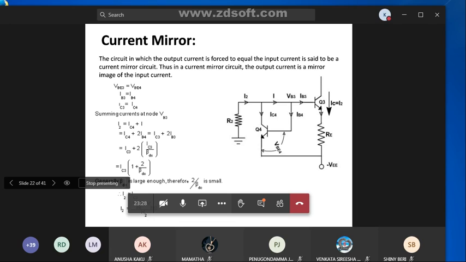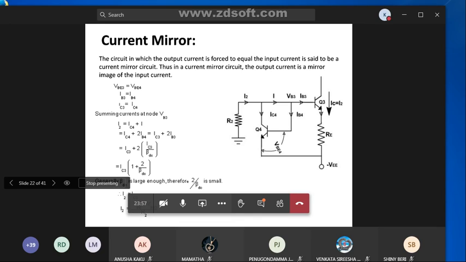Here see the derivation. We have two CE mode transistors, Q3 and Q4. This is the current mirror circuit. The Q4 base is connected to the Q3 base, and the Q3 and Q4 emitter resistors are combined.